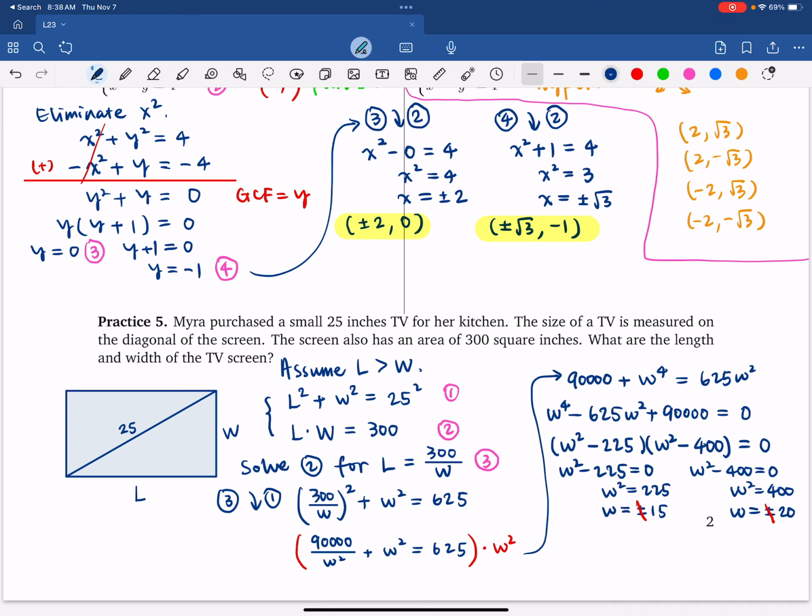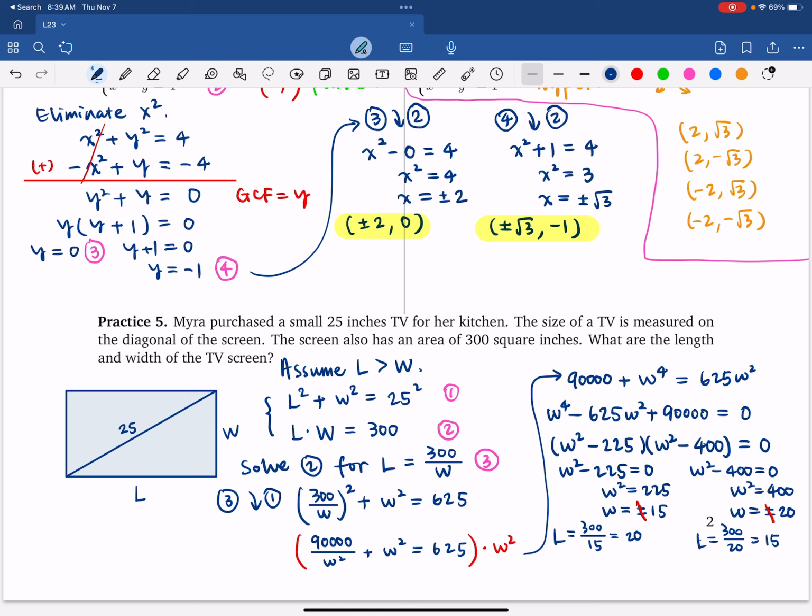And then we're going to look for L. So remember, L is, using equation 3, 300 divided by W. So L is 300 divided by 15, and that's 20 for the first one. Second one, L is 300 divided by 20, which is 15.